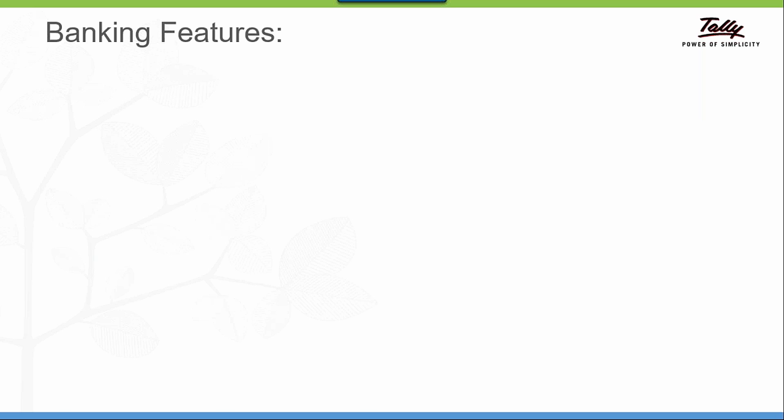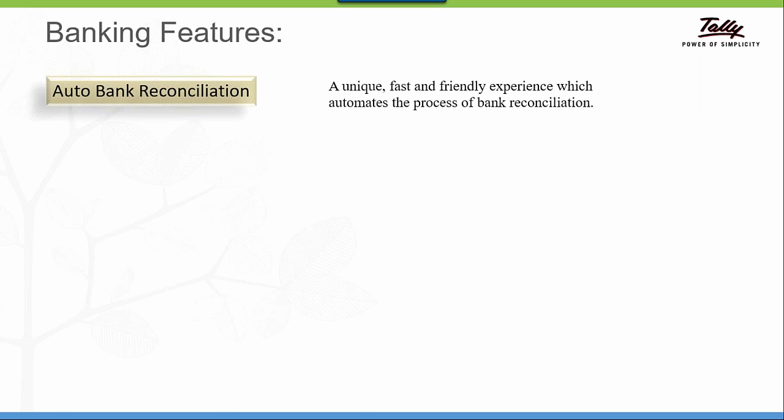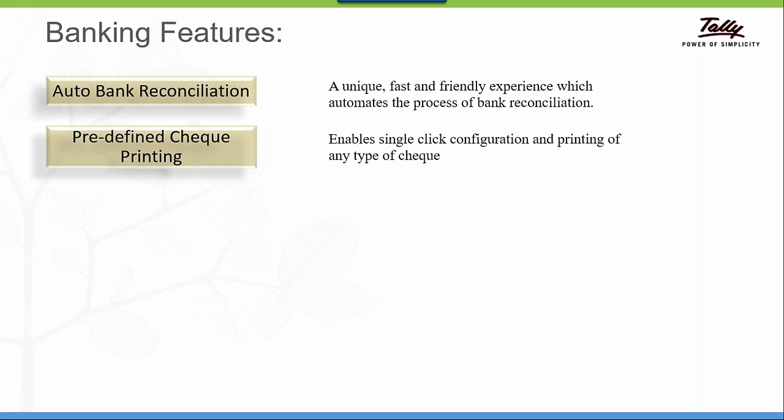The banking features are auto bank reconciliation, which is a unique, fast and friendly experience which automates the process of bank reconciliation. Predefined check printing enables single-click configuration and printing of any type of check.